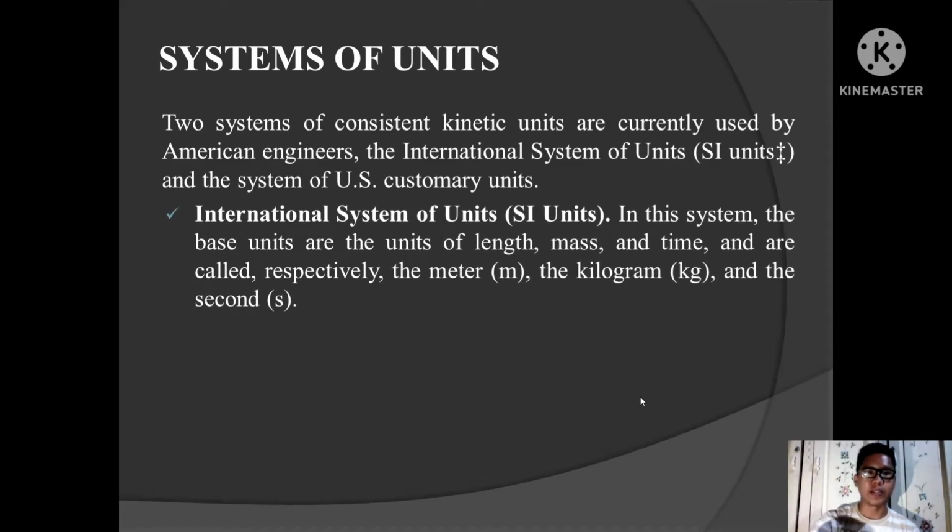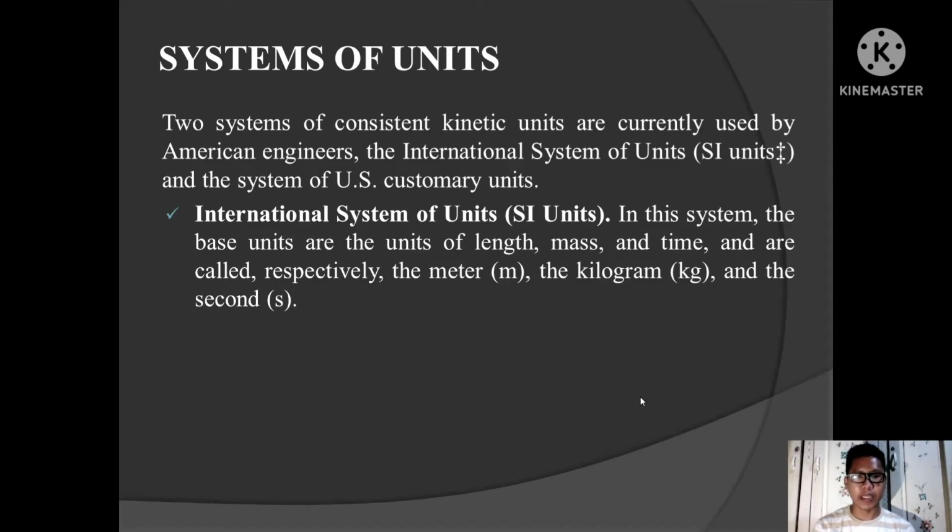First is the International System of Units. In this system, the base units are the units of length, mass, and time, and are called respectively the meter, the kilogram, and the second. The International System of Units is also commonly known as the metric system.